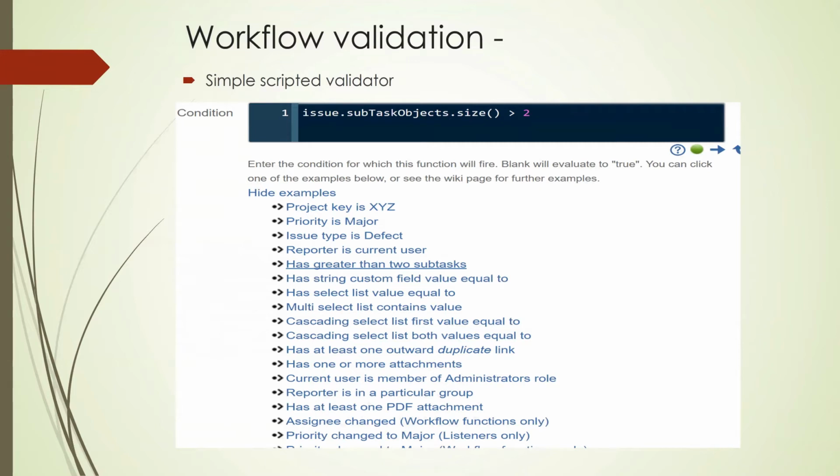There are plugins in Jira for it, but sometimes people are using some other tools or want to attach some dedicated test reports. In that case, you can enter a workflow validation that it has at least one PDF attachment, or one or more attachments. That way you cannot move ahead in the transition unless the QA has attached one report.